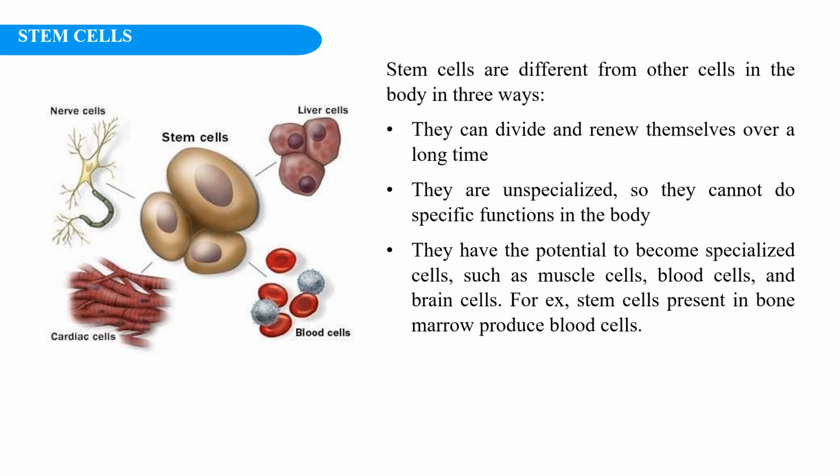As you can see in this picture, they can become any cells: liver cells, nerve cells, cardiac cells, blood cells. This is known as differentiation. There are certain processes by which they differentiate, which you can study in developmental biology.